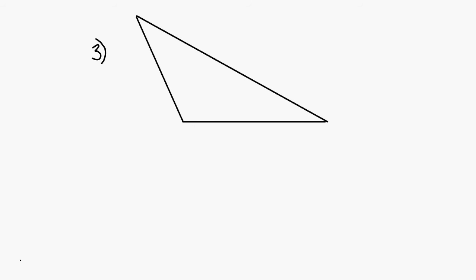Number 3. Third midsegment problem. If this is 35 and this is 35, then this is a midpoint.